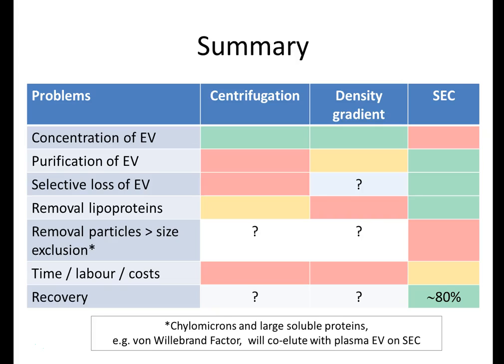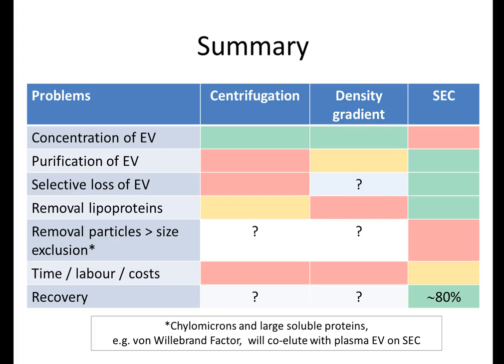Well, in summary, I think that size exclusion chromatography has not solved all our problems, but regarding purification of vesicles, I think it's a very good technique. On the other hand, concentrations of vesicles cannot be achieved during size exclusion chromatography. Size exclusion chromatography does not have the risk of losing subpopulations. It's an excellent manner to get rid of your lipoprotein particles, including HDL.